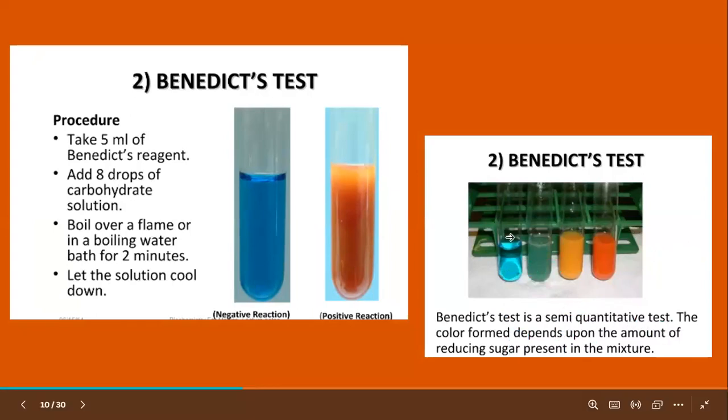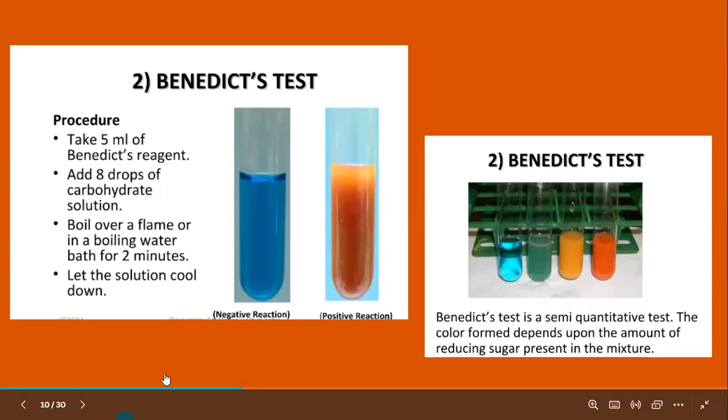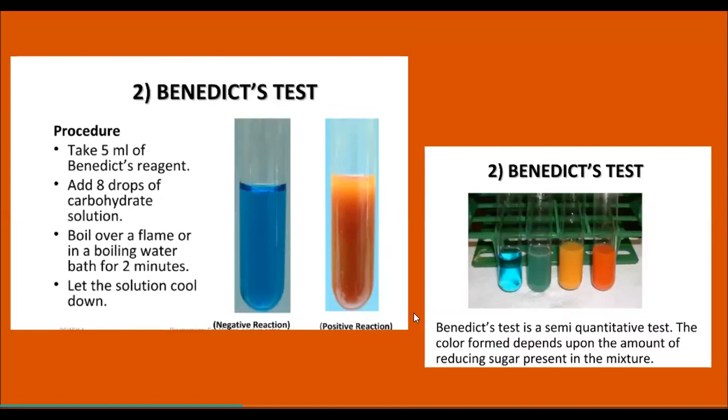For example, you see this is the clear solution of Benedict's reagent. And when you add the carbohydrate solution, if there is only a small amount of reducing sugar, the color change will be only green in color.